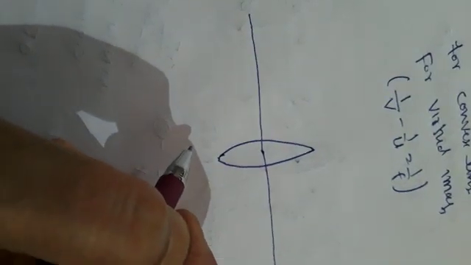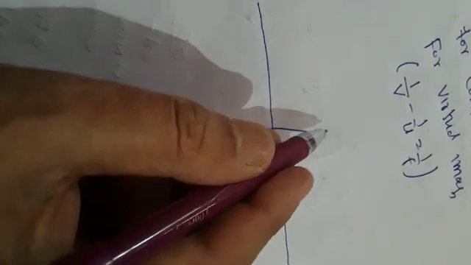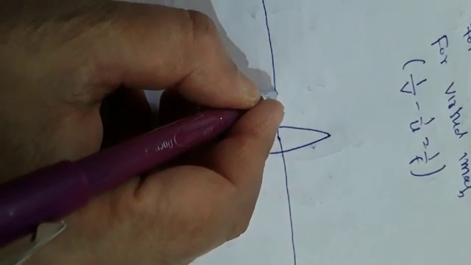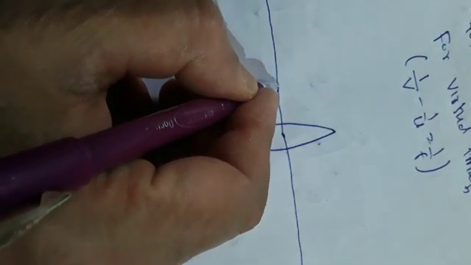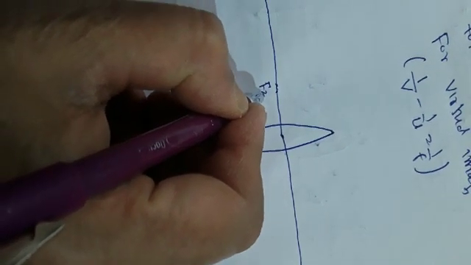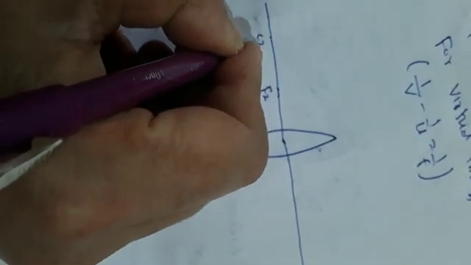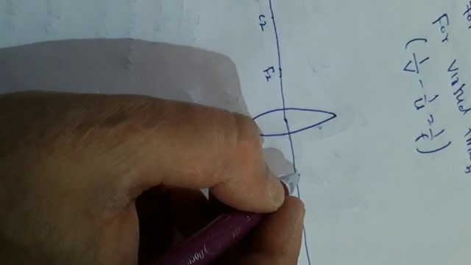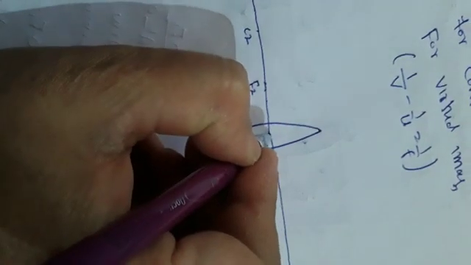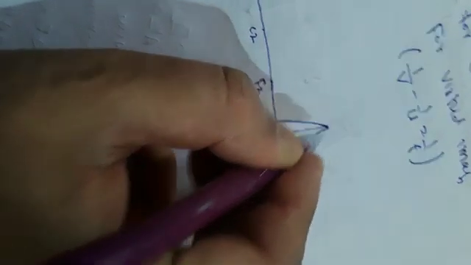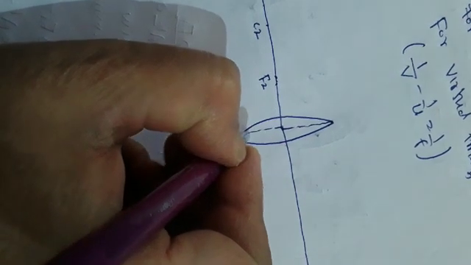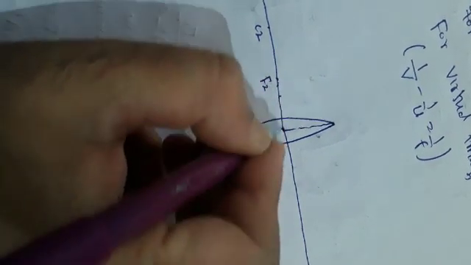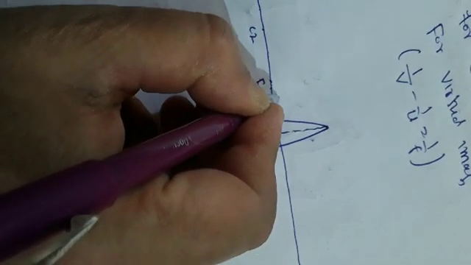It has two centers of curvature and radius of curvature. This is for lens 2. Suppose this is focal length f2. This is the center of curvature. Here the object is placed between this optical center and focus.